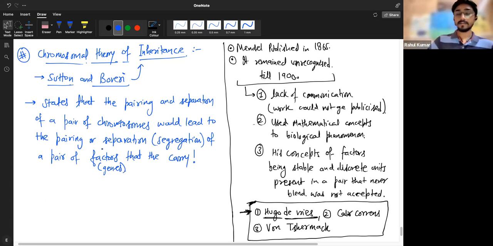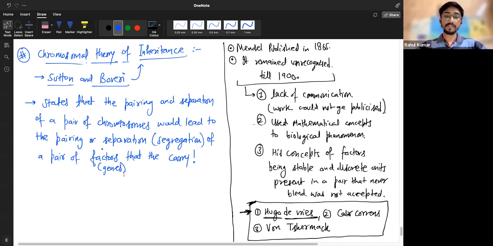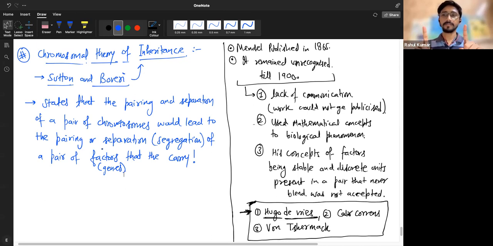And Mendel was correct when he said that there are factors present in pairs, and if you have to make gametes, they separate from each other, they segregate; one goes in one gamete, the other goes in the other gamete. He was right, because this can also be proven through chromosomes. For every chromosome, we have two copies. One comes from the father and the other comes from the mother.